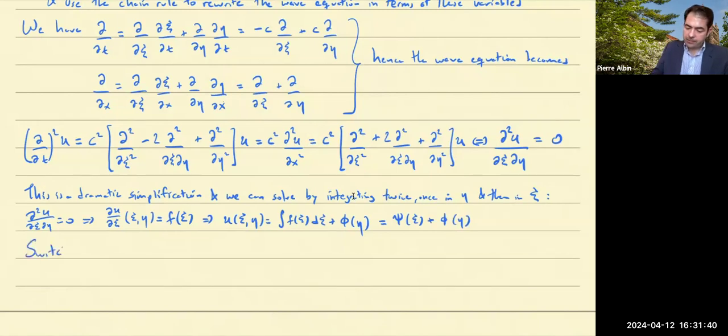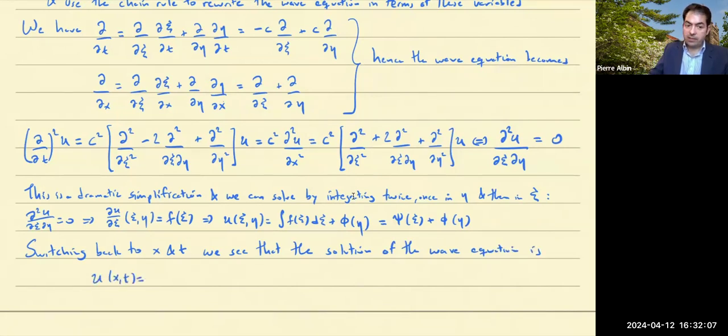Switching back to x and t, we see that the solution of the wave equation is u of x comma t equals psi of x minus ct plus phi of x plus ct.